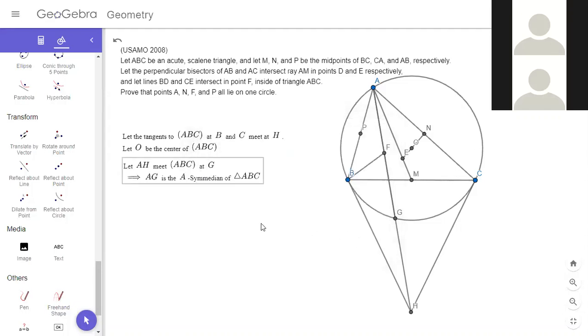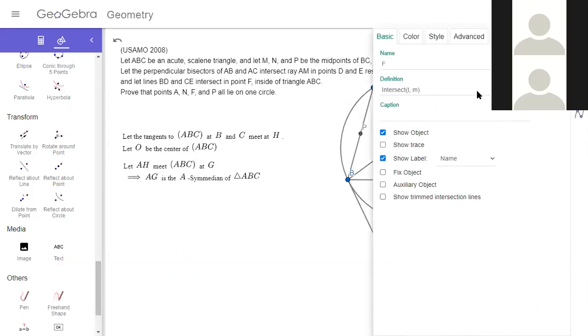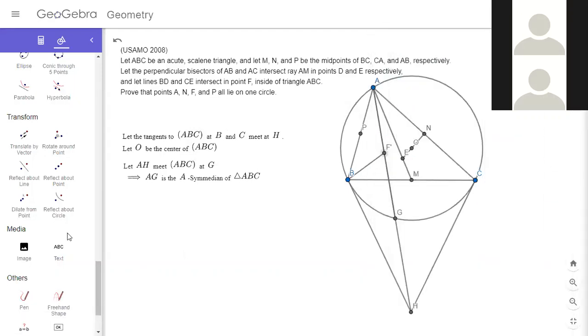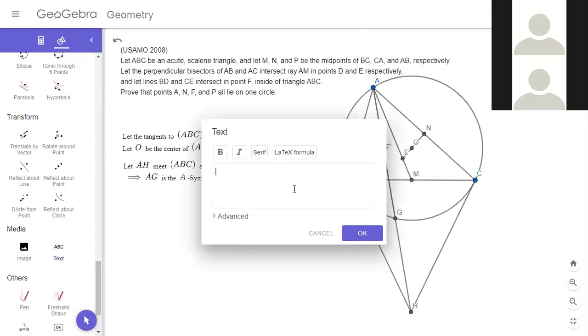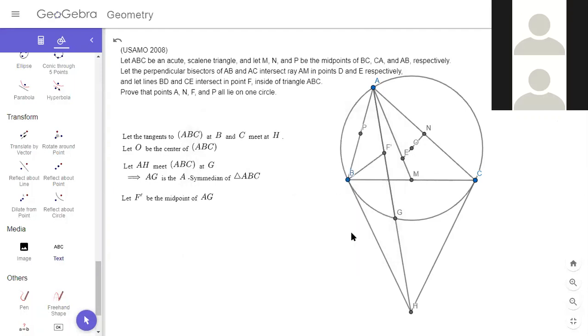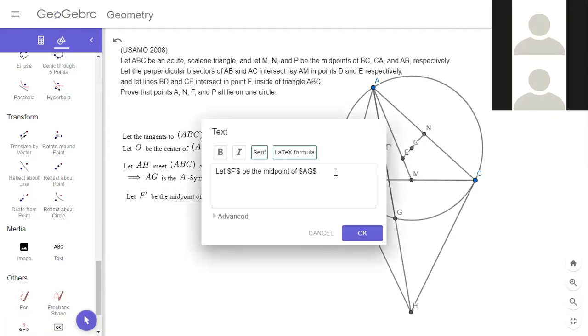All right. And then let F be the midpoint, I really should call it F prime, I guess, of AG. And then that means that angle OF prime G is 90.